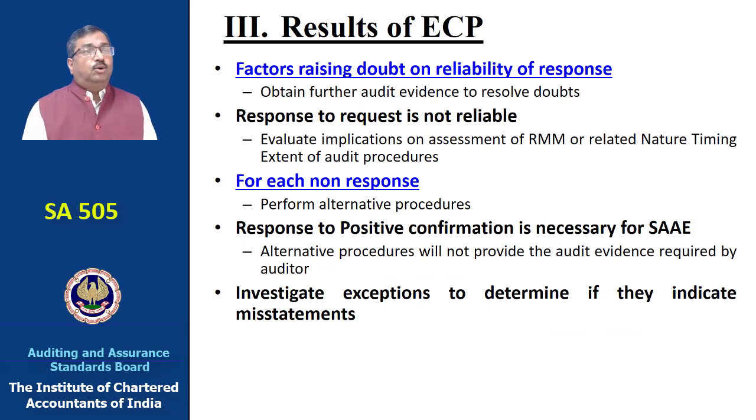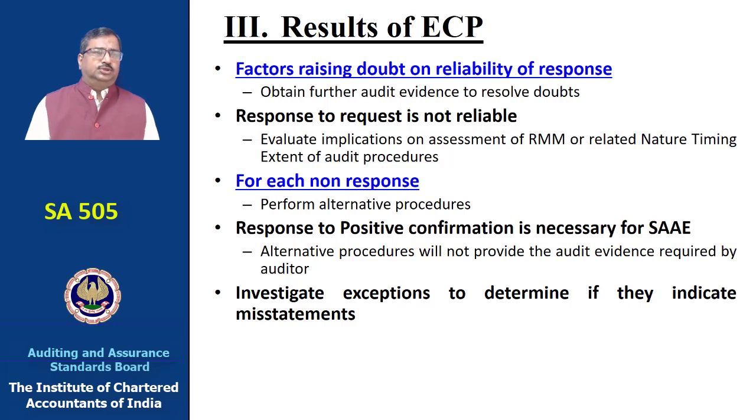When the auditor has doubt on the reliability of the response, then he can obtain further audit evidence to resolve the doubt. When the response to request is not reliable, the auditor has to evaluate whether there exists any risk of material misstatement and accordingly deal with the situation.